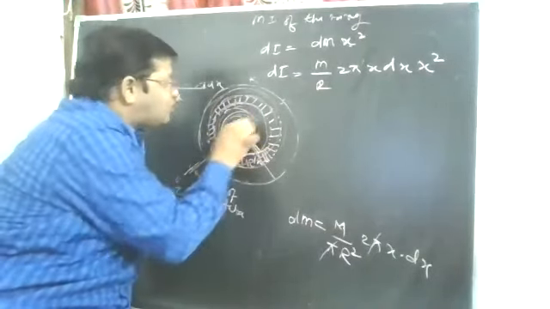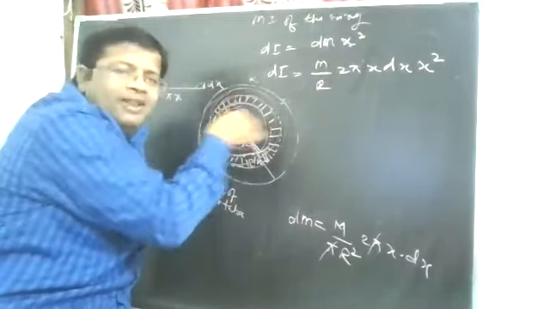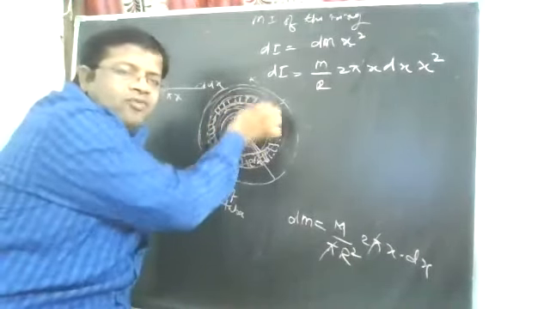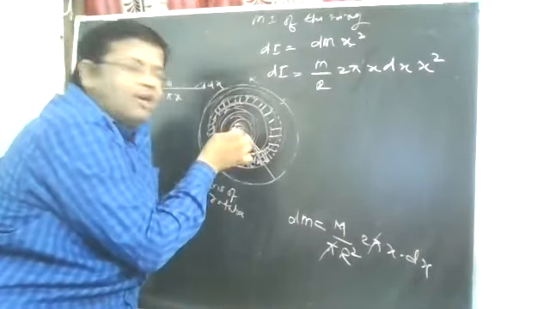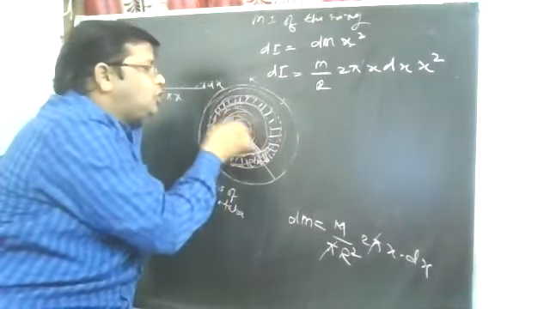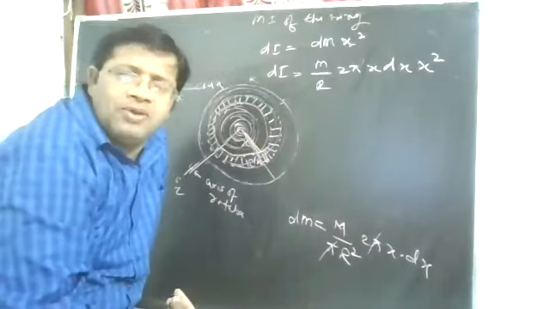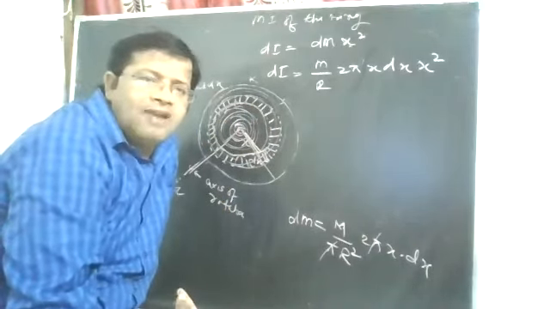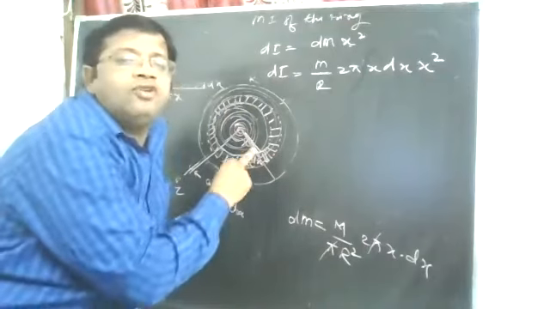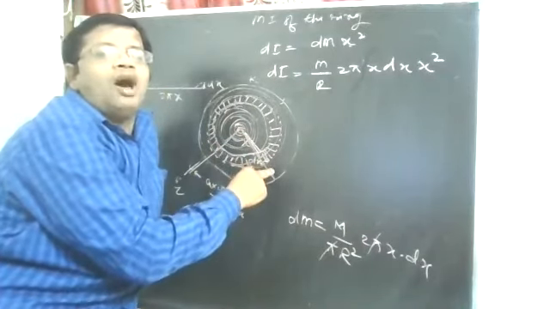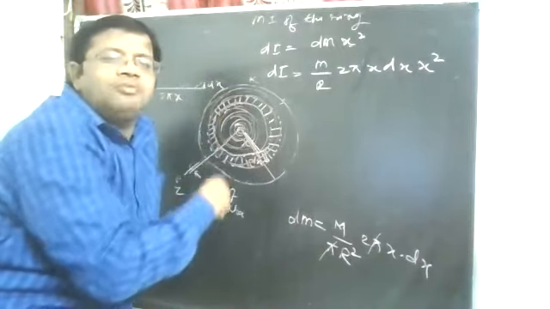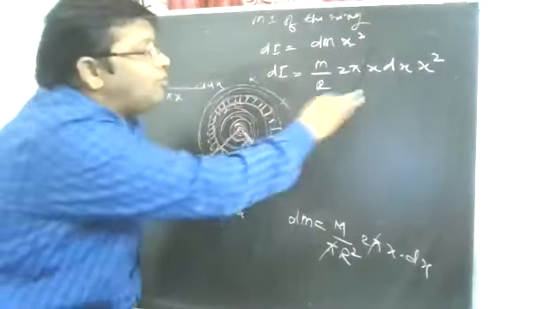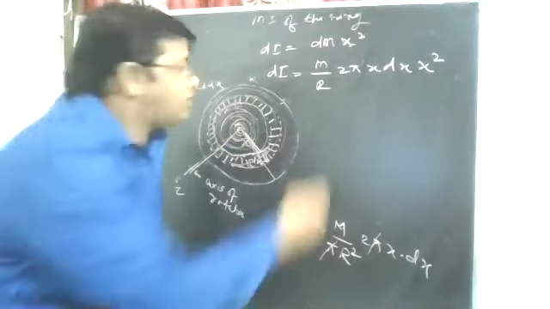Then we can cover all the rings, and since the disc is made up of rings, if you cut it from 0 to r radius, several rings will be formed. So we are determining the moment of inertia of all the rings from 0 to r, and hence the moment of inertia of the disc.